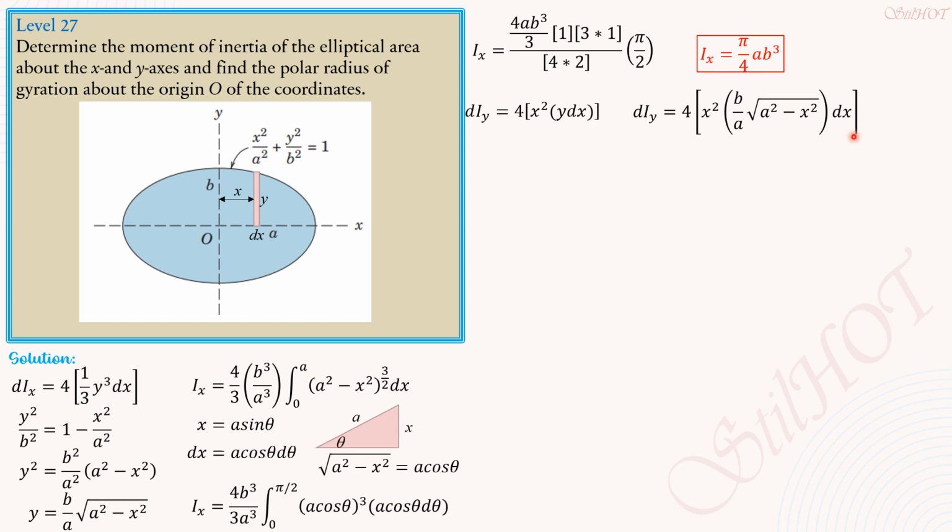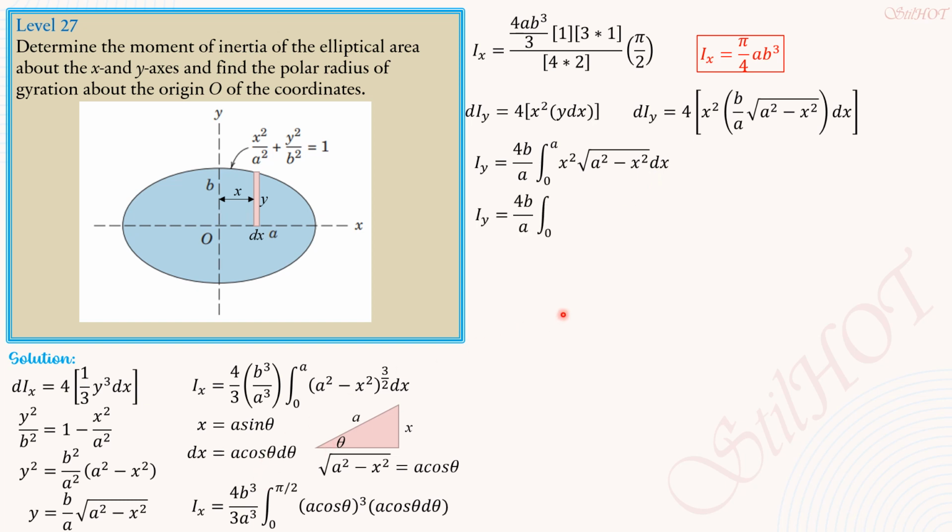Limits would still be 0 to a originally. Then Iy is 4b over a, integral from 0 to a of x squared square root of a squared minus x squared dx. So we change limits again to 0 to pi over 2. x is a sine theta, and this radical here is a cosine theta. dx is also a cosine theta d theta.